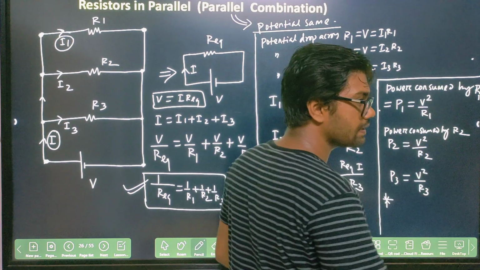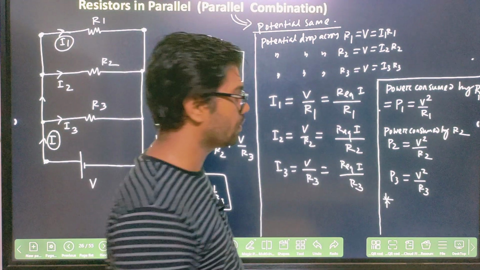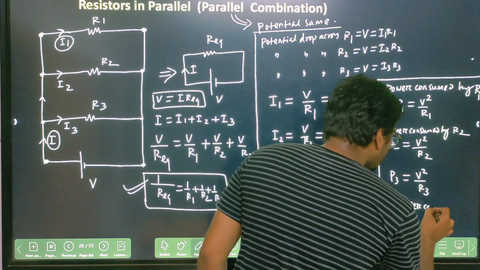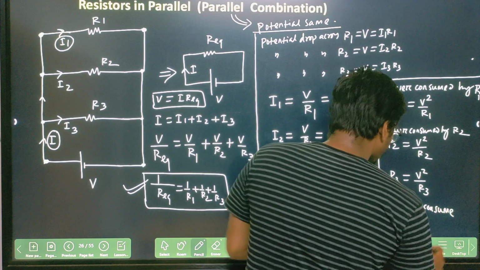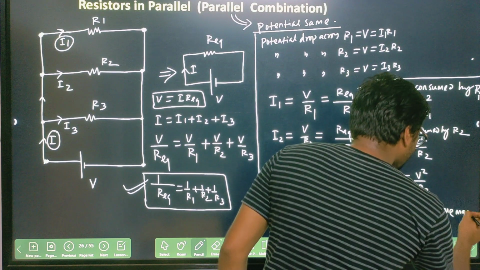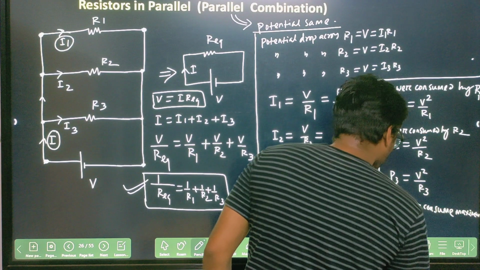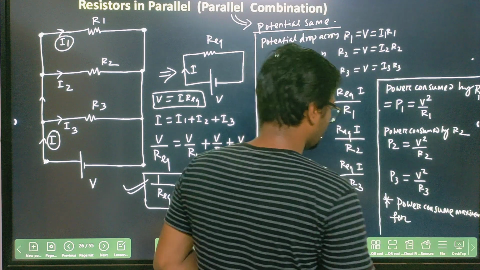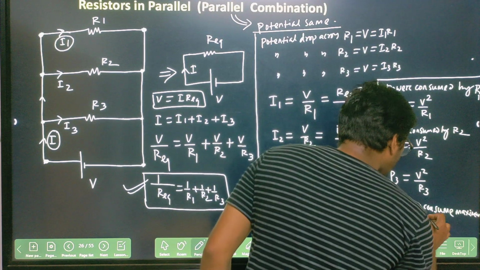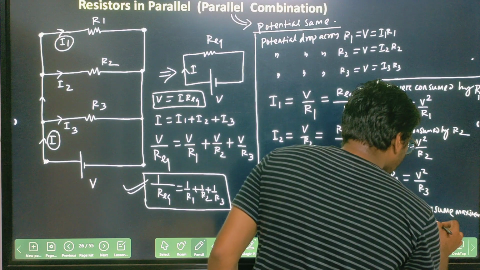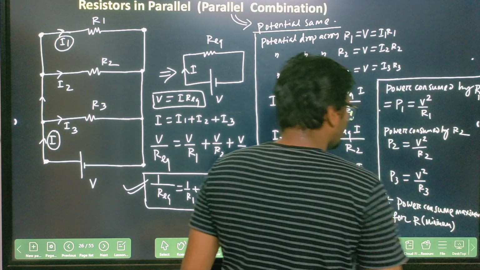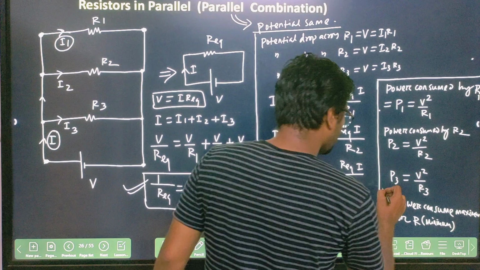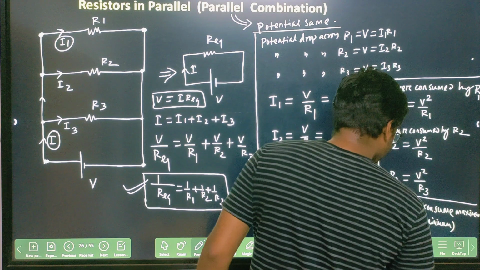So I can say that power consumed will be maximum for R minimum, right? Whose resistance is minimum, that resistor will consume more power, or dissipate more power.